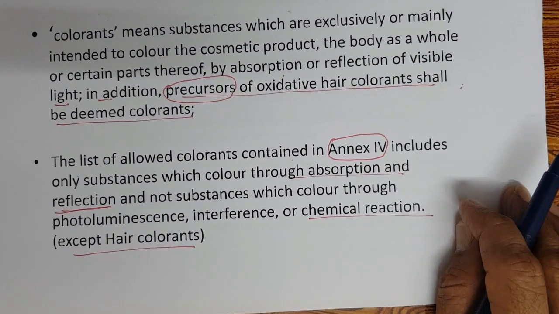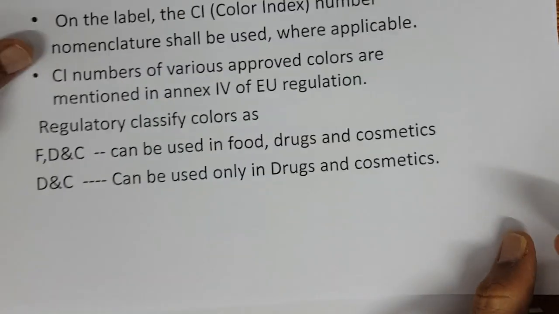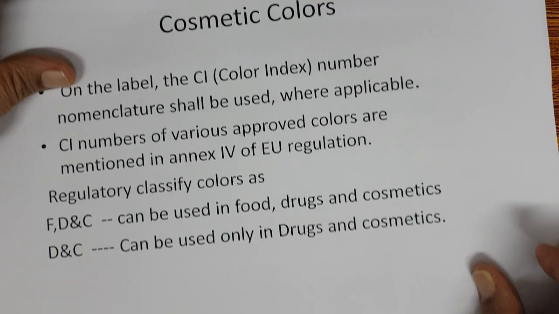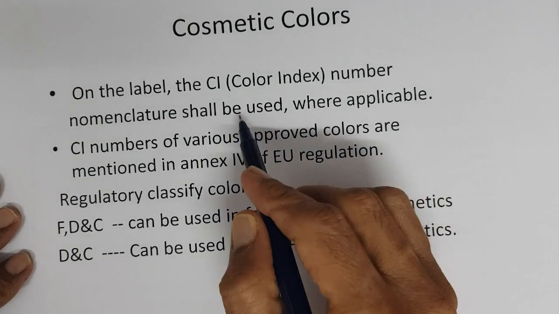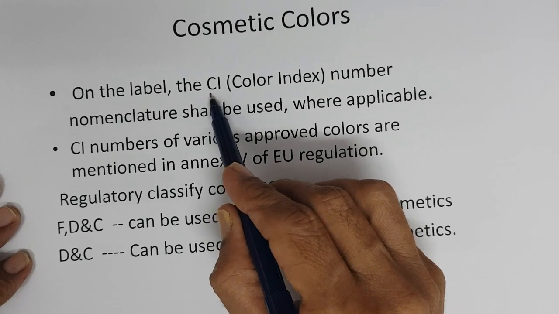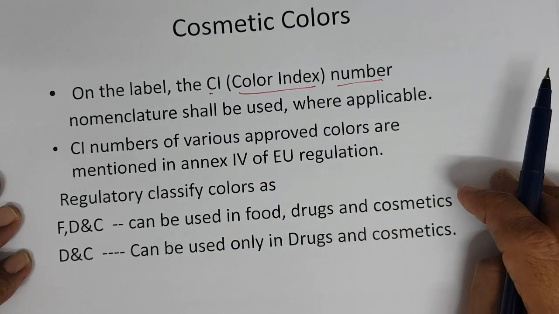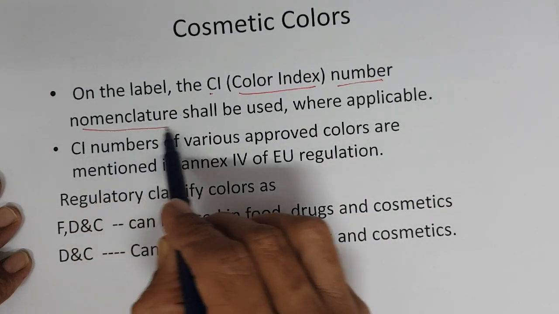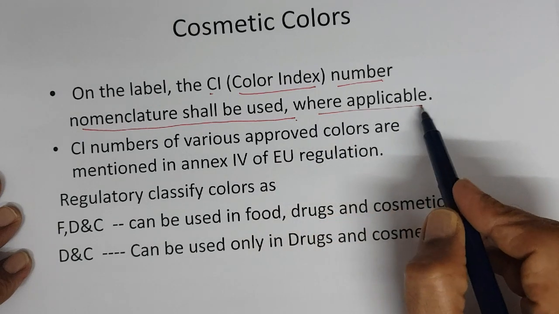So on the label, right, cosmetic colors, on the label we have to put the color index number. Okay, color index number nomenclature should be used wherever applicable, right?